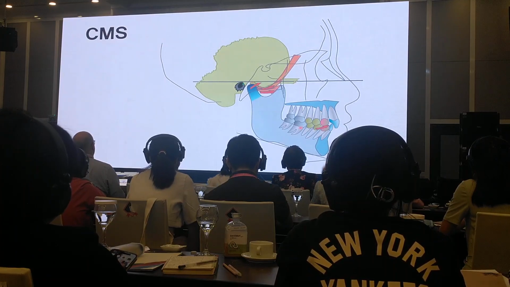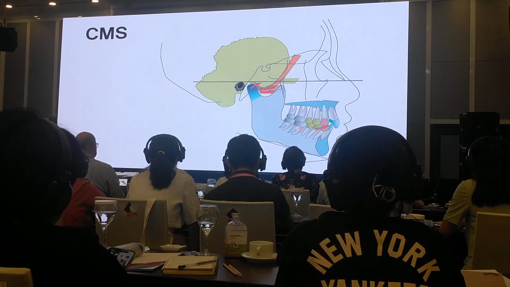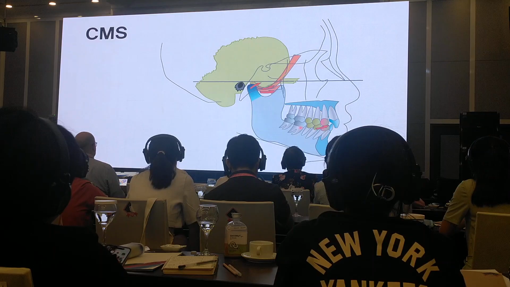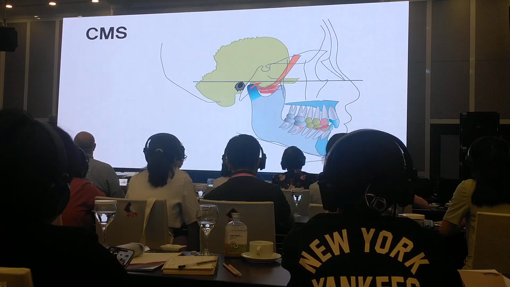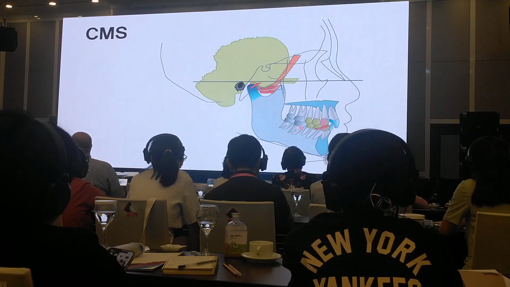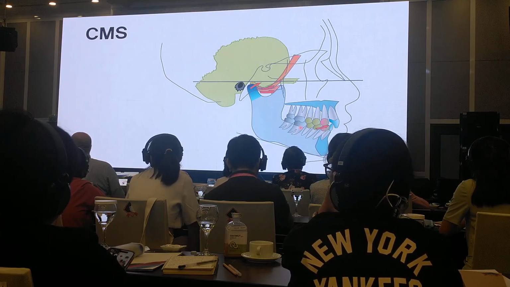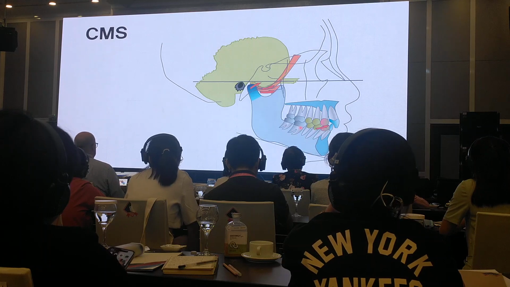Then the closing muscles are all free here. It holds the mandible in a forward position. During growth and development, the mandible is always adapting to the forward position. Right?